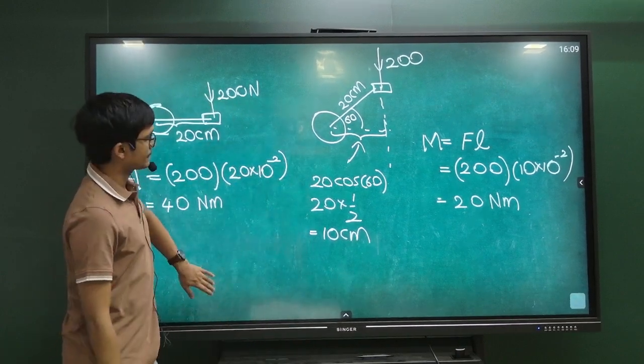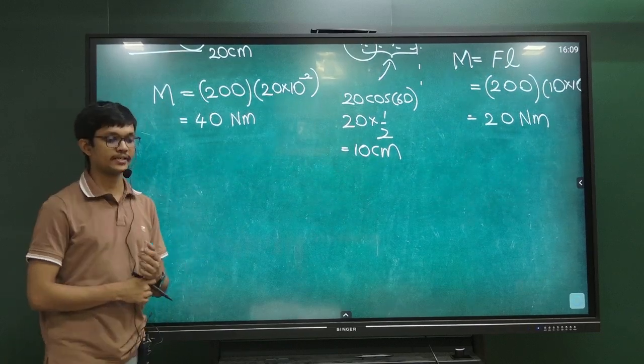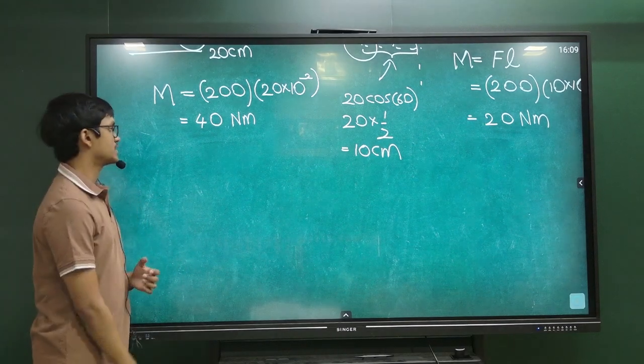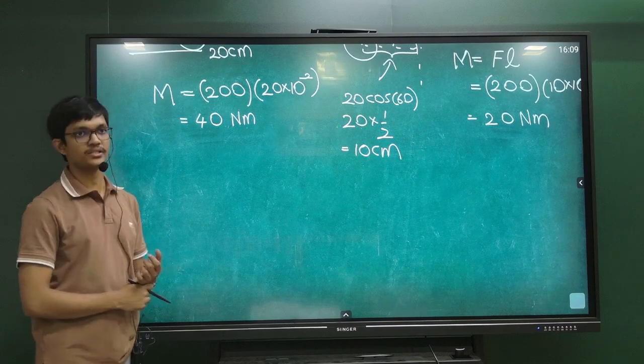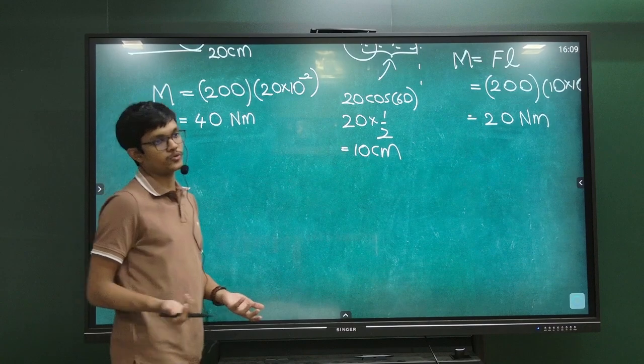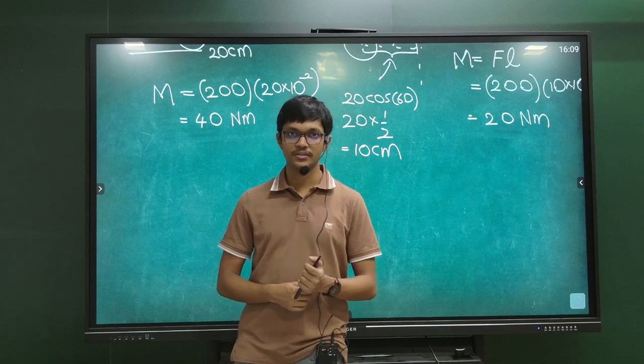Then again, attention everyone, you can get the resultant moment of a system. How do you get the resultant moment? What do you do when you are working with several vectors? You just get the vector summation, right?